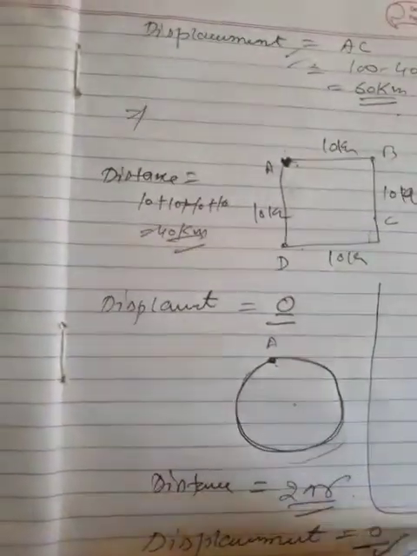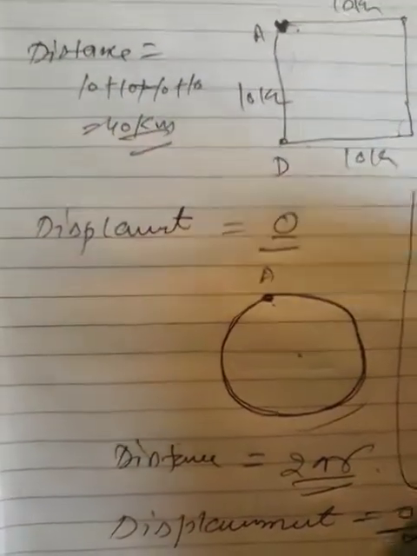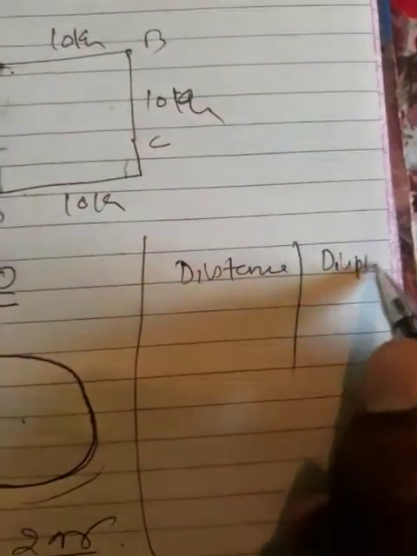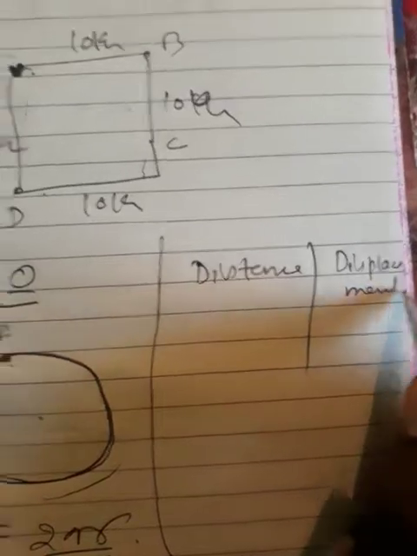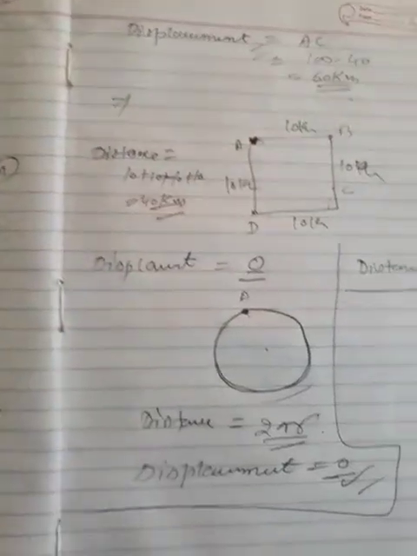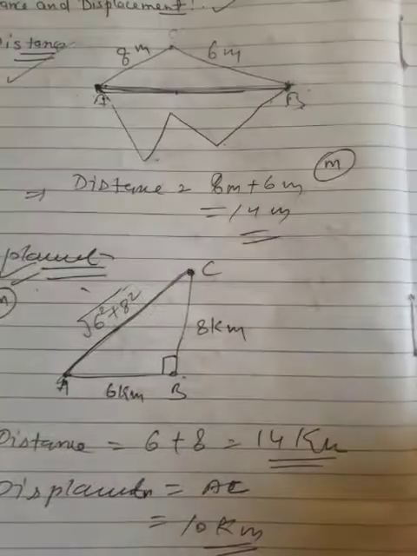Now what are the actual differences between distance and displacement? Look here. The SI unit of distance is meter and the SI unit of displacement is also meter. These both are the same.